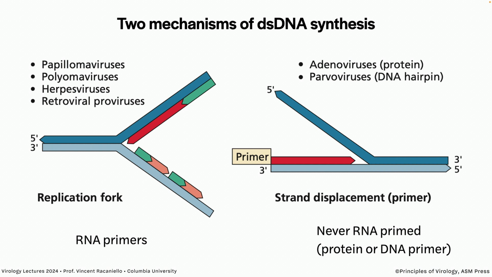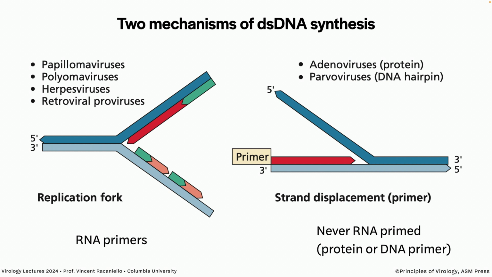And then on the right, adenoviruses and parvoviruses do strand displacement, where one strand is copied first. So we have a primer-dependent copying of the negative strand, and that new copy displaces the positive strand. That's why we call it strand displacement.